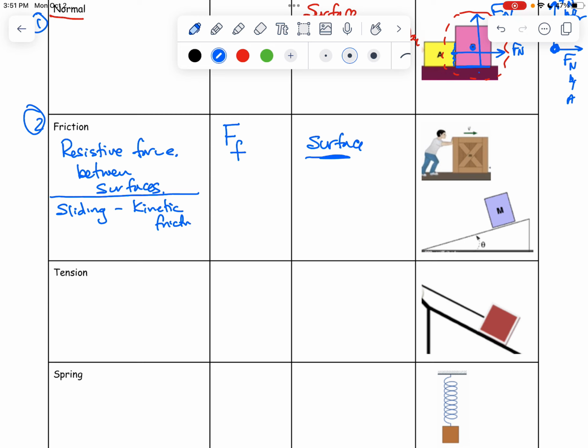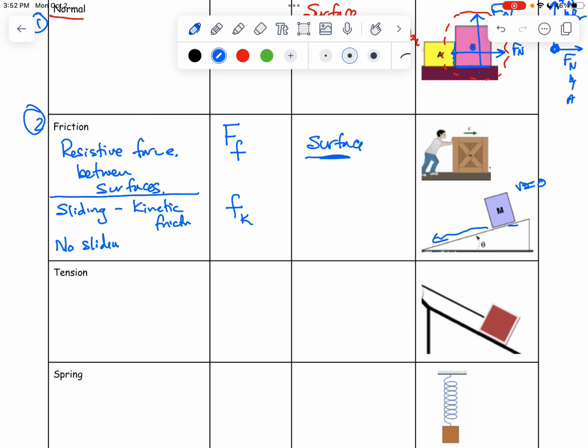The symbol for kinetic friction is sometimes simplified to lowercase f with a sub k. Static friction is when something doesn't slide. An example would be if I put a box on a ramp and it didn't move at all, so the speed is 0. What's keeping this box from sliding down the ramp? That would be friction. Friction is holding it up.